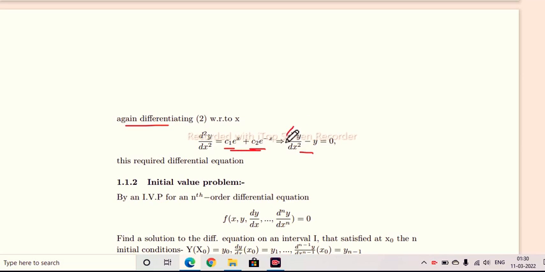This is the required differential equation of y equal to c1 times e to the power x plus c2 times e to the power minus x.